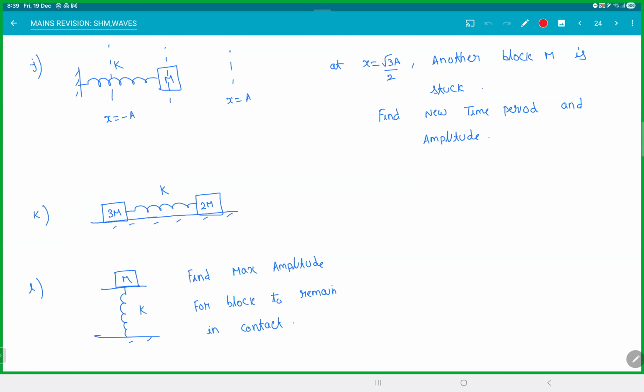This block is oscillating in SHM with amplitude plus A minus A. When it is at x equal to root 3 A by 2, you kept a block. Find the new time period and the amplitude. Time period is easy. Amplitude is a good one. You already know how to do reduced mass. Let's see.